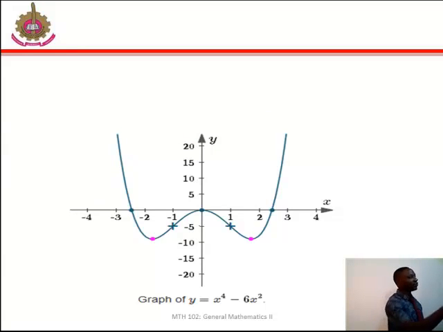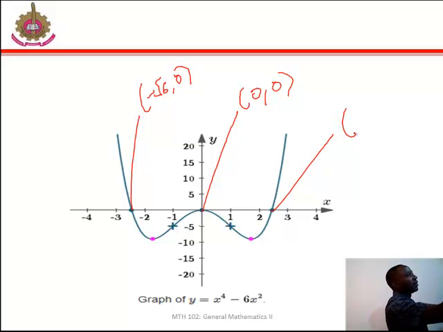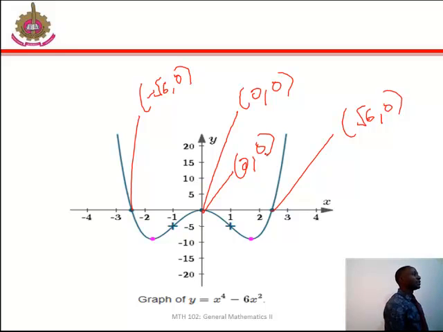Now the points of intercept, we said the first point is at 0, 0. Then the second point here is when x is minus square root of 6, 0, and the third point is here when x is square root of 6, 0. Those are the points of intercept. The second set is the maxima and minima points. The first point is here also when x is 0 and y is 0.